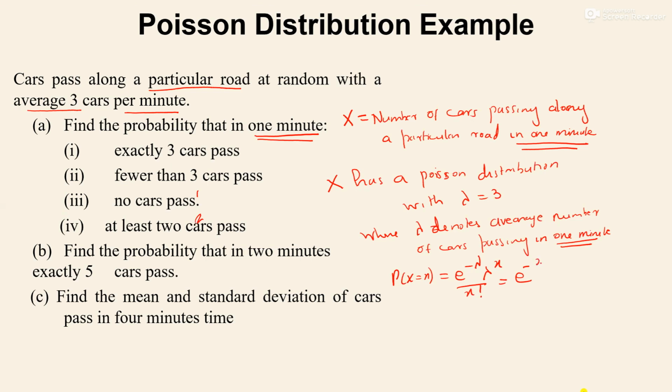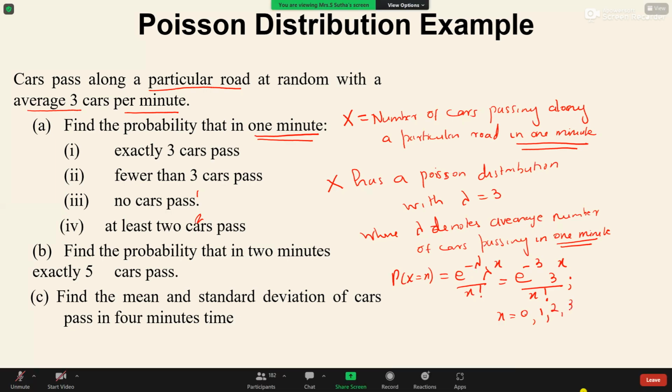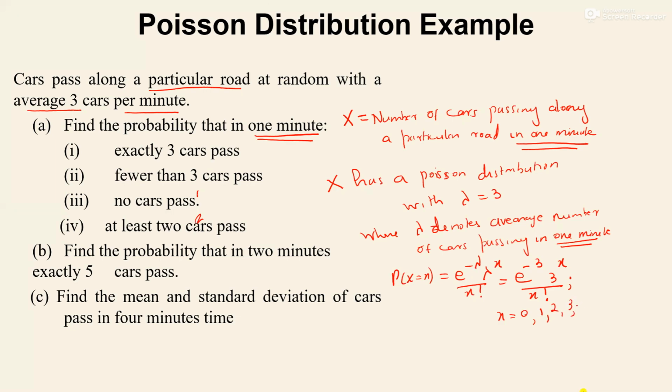So e to the power minus 3, 3 to the power x over x factorial. Here you have to specify the values for x, that is 0, or 1, or 2, or 3. There may be no cars passing in 1 minute time, or 1 car which passes in 1 minute time, or 2 cars, or 3 cars. But we don't know the maximum, so the maximum value can be specified.